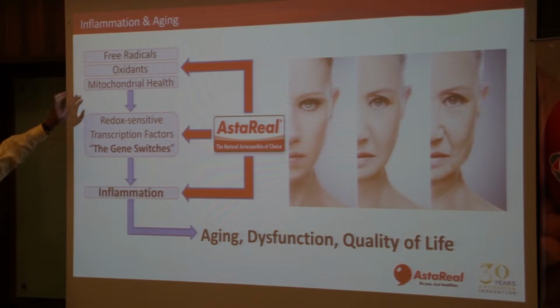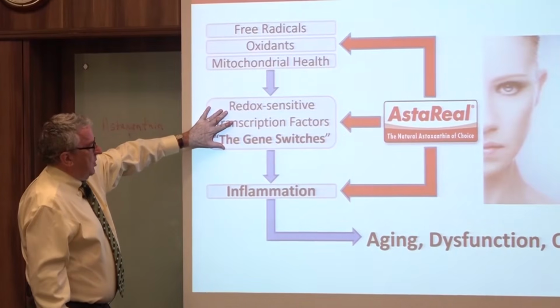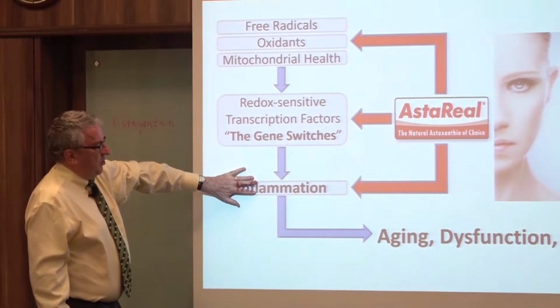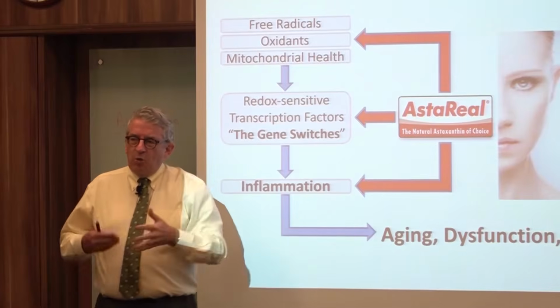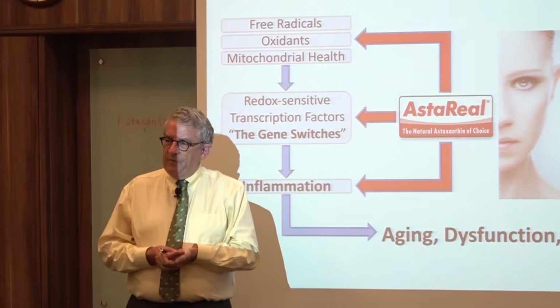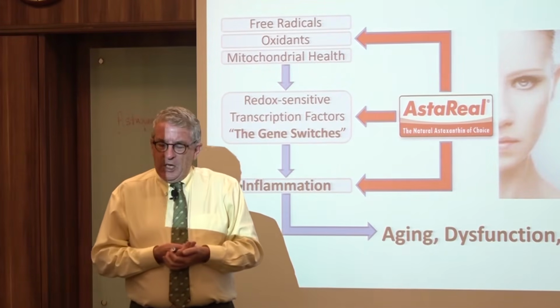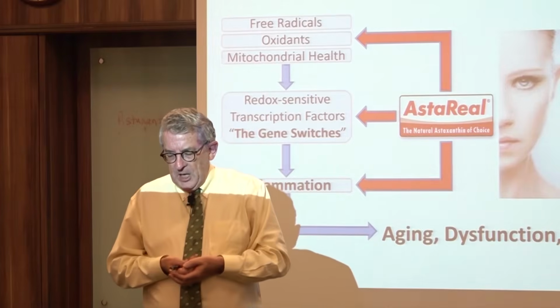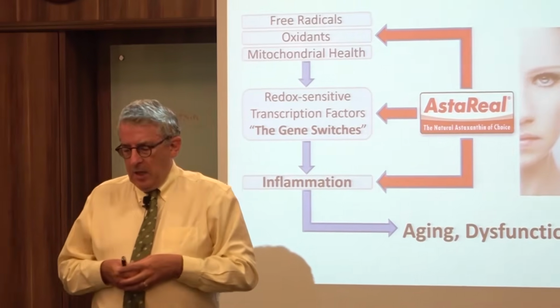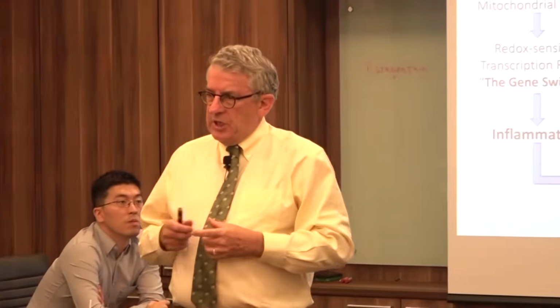We'll get to mitochondria in a second. It affects the switches and determines what's the degree of inflammation that's driving reductions in the quality of life. Astaxanthin will negate the accelerated aging that's associated with chronic inflammation and oxidative stress. So next slide.